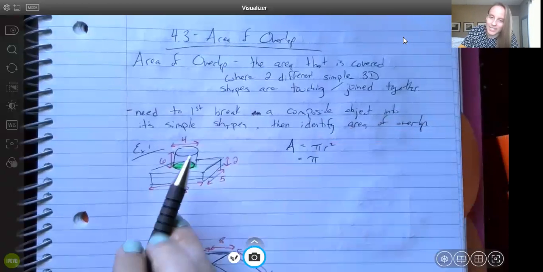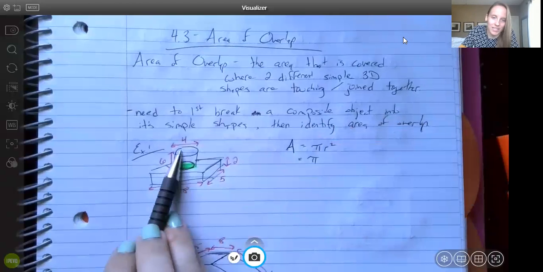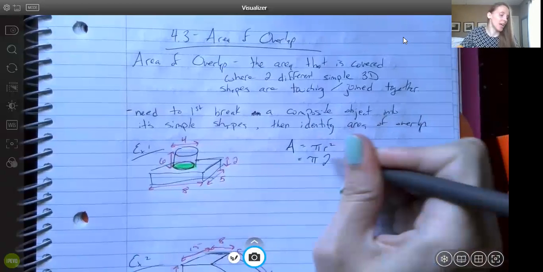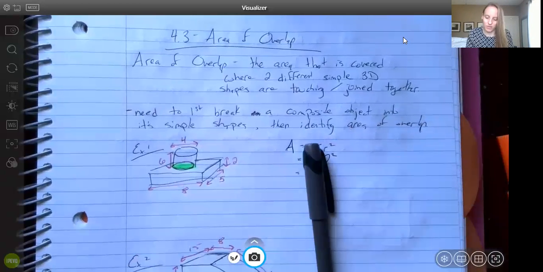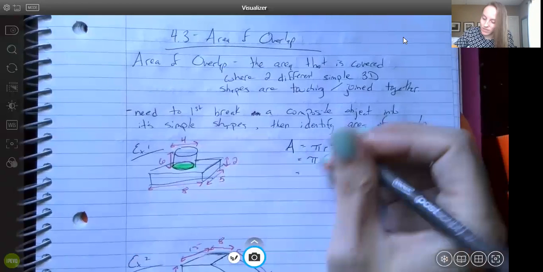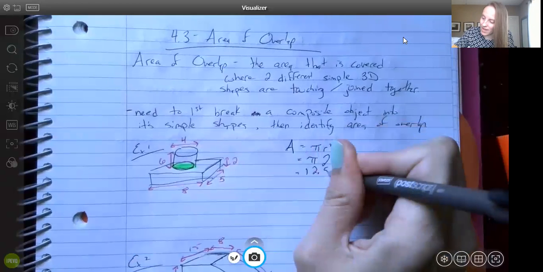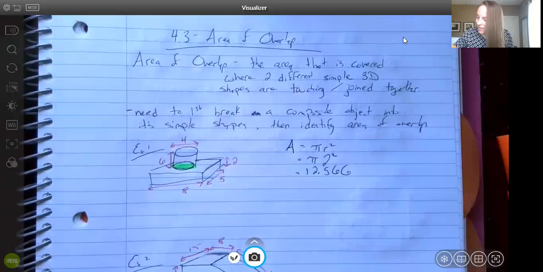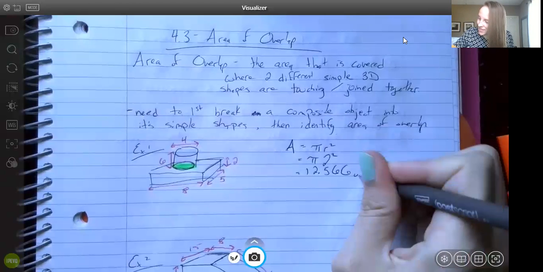So we're told that the diameter of this cylinder is 4, and so that means that the radius is going to be 2. And so 2 squared is 4 times pi is 12.566. I haven't put units here, but whatever, units squared.